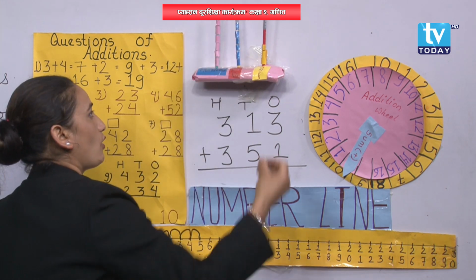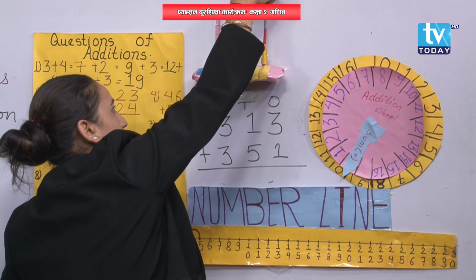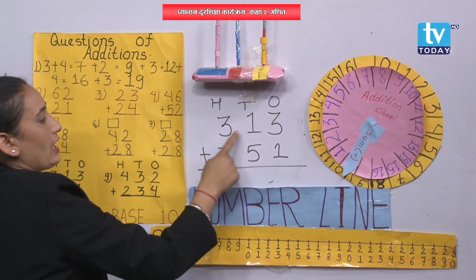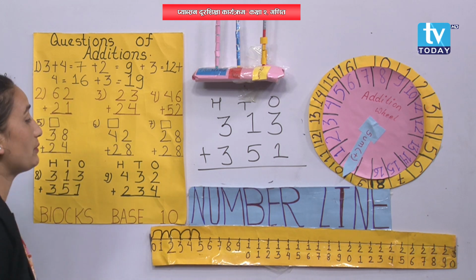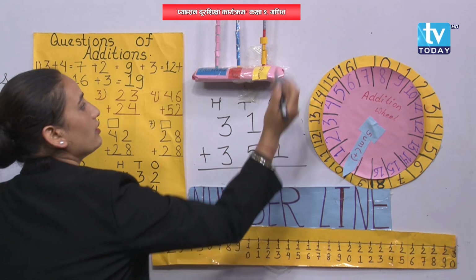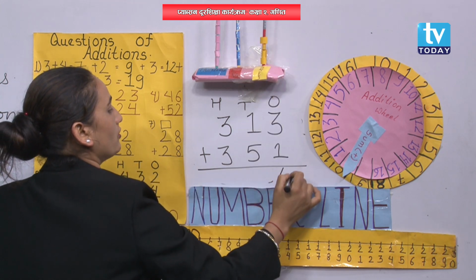Now 1. Okay, when I join 313 and 351, when I add them, then it will be altogether 1, 2, 3, 4.